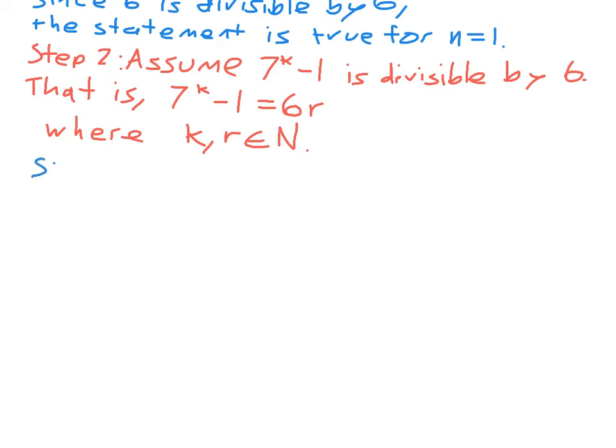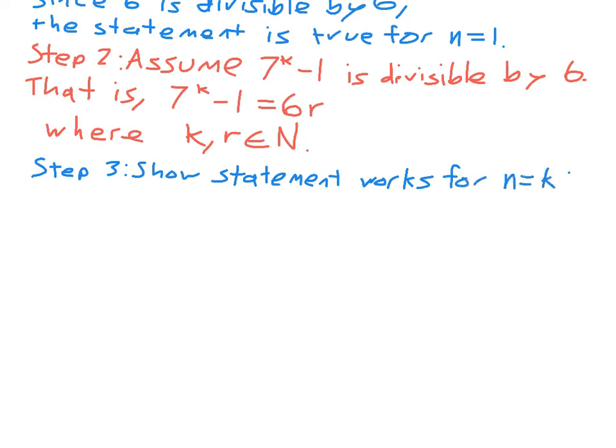Okay, step 3. This is where you show, I'm not going to say equation today because it's not an equation, it's a statement, show statement works for n equals k plus 1.